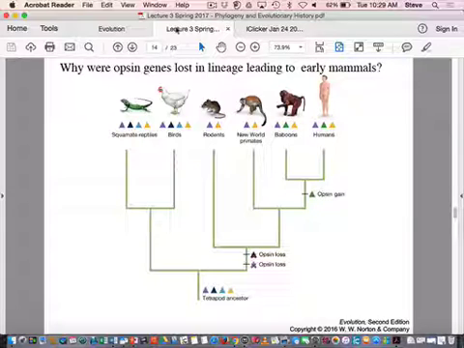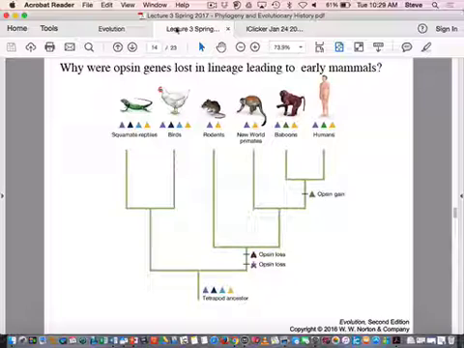We can map these changes, and we might ask ourselves, why were the opsin genes lost in the lineage leading to early mammals? Why do you think those kinds of visual pigments were lost? Do you think it was just by chance? Yeah, because they didn't need it, probably. And what do you think was unusual about those early mammals, especially compared to baboons and humans? The New World primates are another case, but I'm not going to get into that.